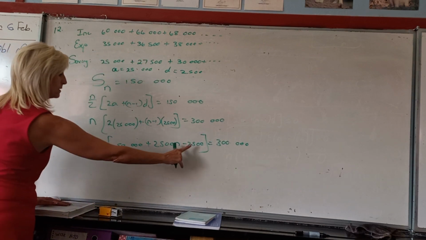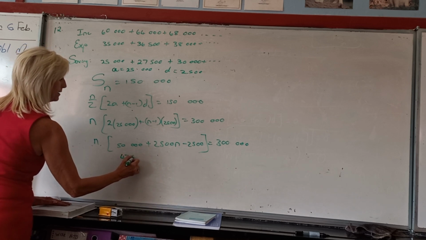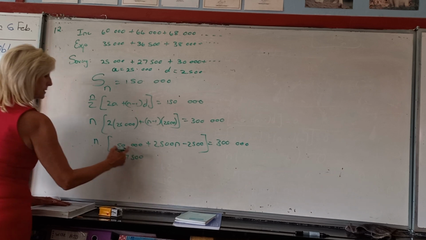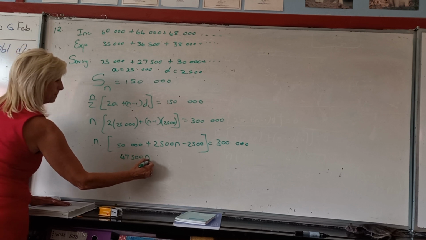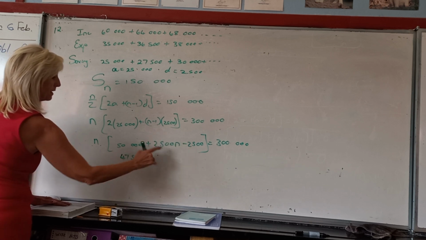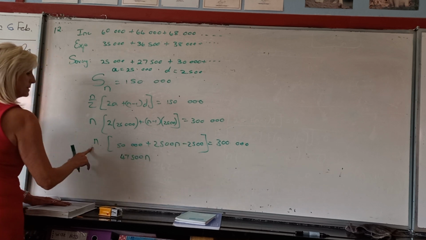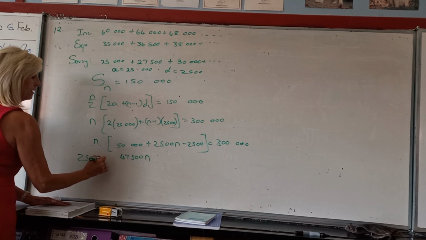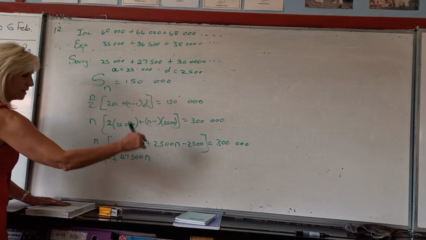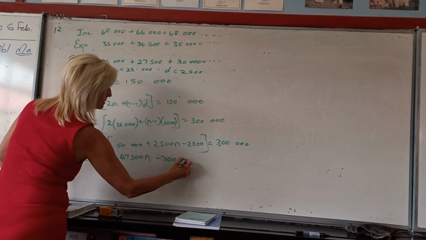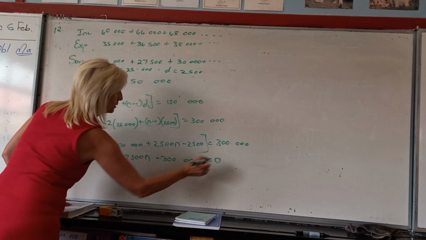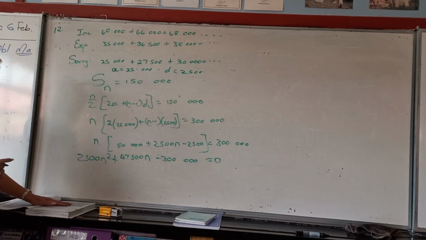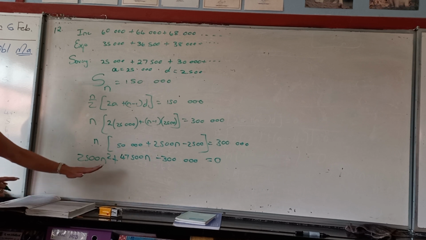Adding them together, this would give me 47,500. Am I right? Yes. Times the n. And then this 2,500 times n is 2,500 n squared. Bringing that 300,000 across, I still got it equal to 0. Correct me if I get something wrong. Hopefully, I think so.